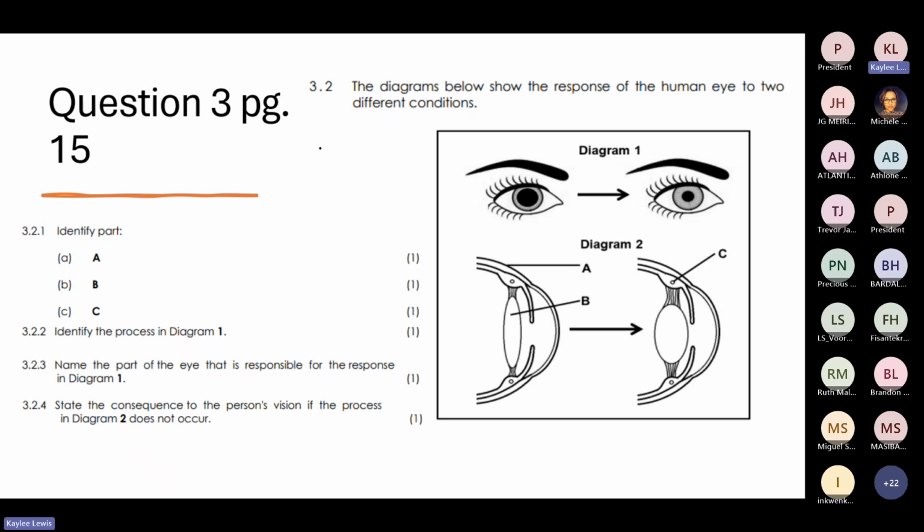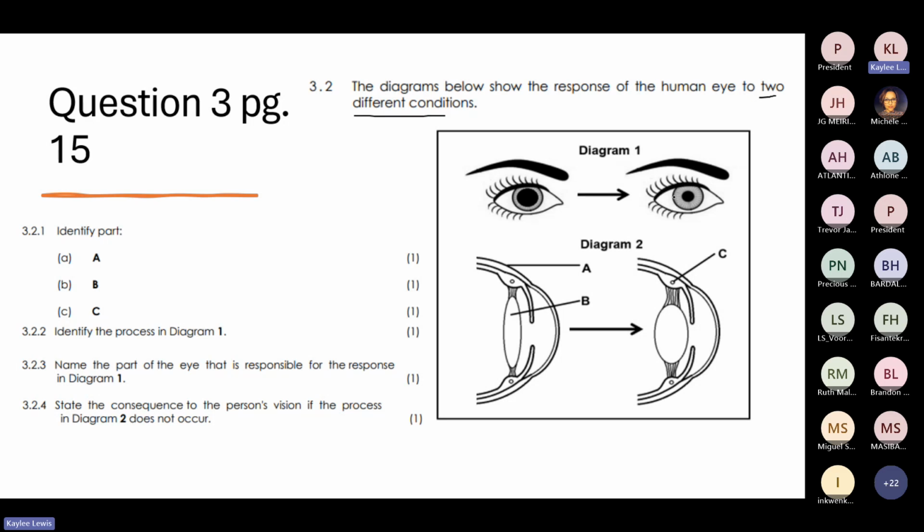Okay, so let's discuss this one. So 3.2, the diagrams below show the response of the human eye to two different conditions. If we look at diagram 1, what I'm noticing here is that the pupil size is changing. In this one, the pupil is dilated, it's bigger.